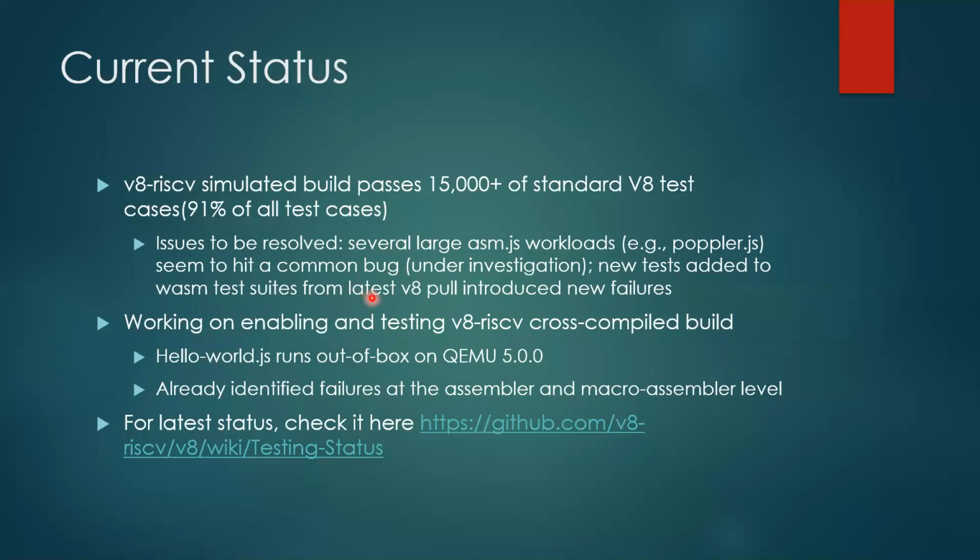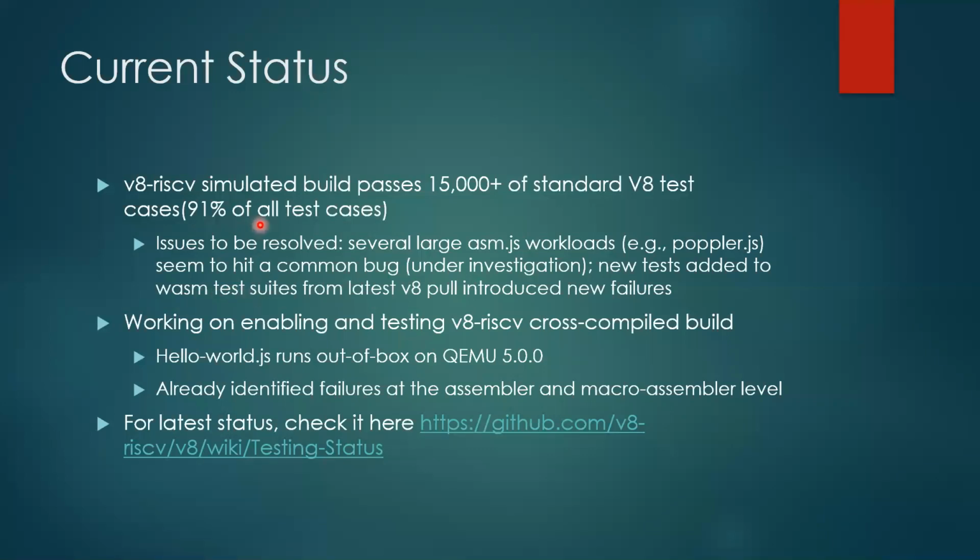We haven't investigated that, but I do know that the WASM part of V8 is going through a lot of changes. In fact, they have two compilers, one called the WASM compiler and the other called the Liftoff compiler. Maybe in the past year or so they have changed, and the WASM standard is also evolving. It's still a pretty young language. So it could be that we're using an older version of V8 that doesn't work with the new test cases.